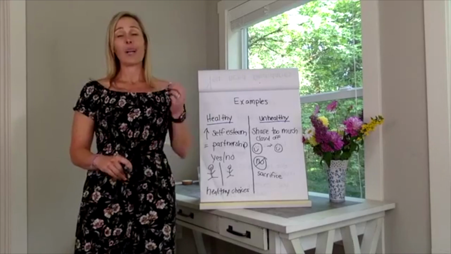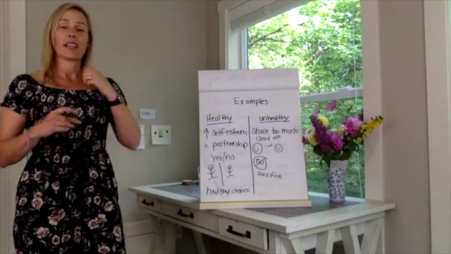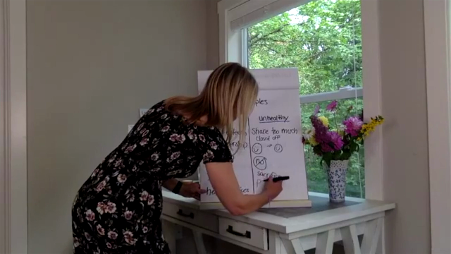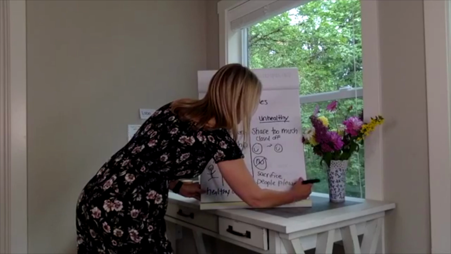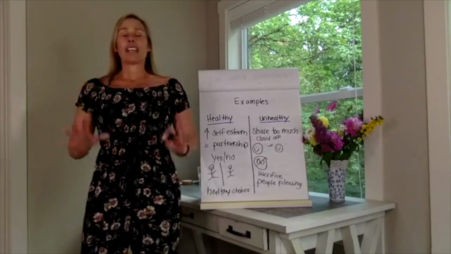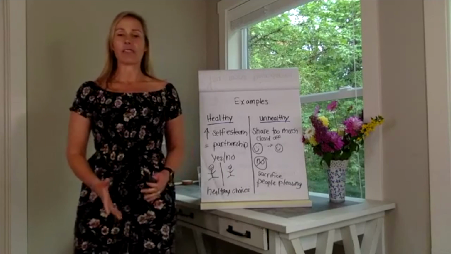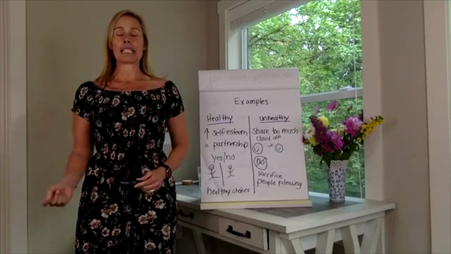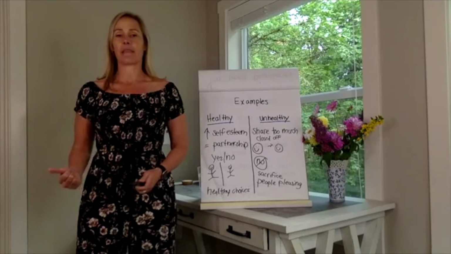And finally, one of the biggest unhealthy boundaries is when you are people pleasing. So I'm going to talk about that for a minute. People pleasing. So as women, we oftentimes fall into wanting people to like us. And we feel validated when someone likes us, or when we think someone likes us.